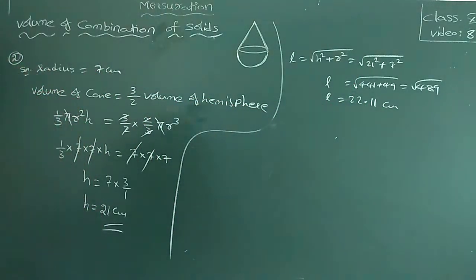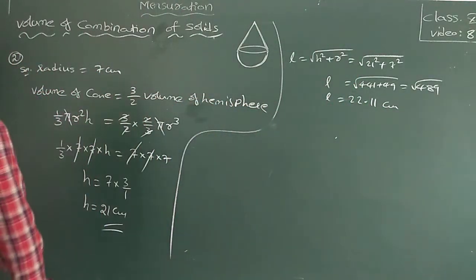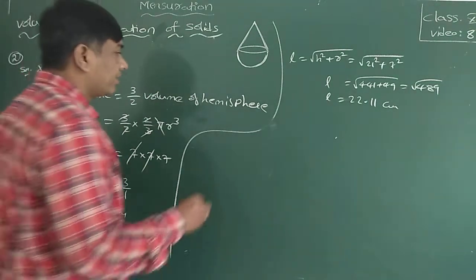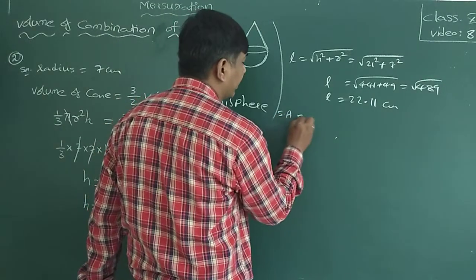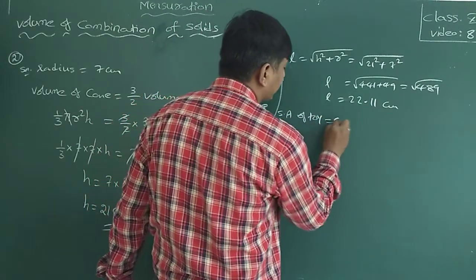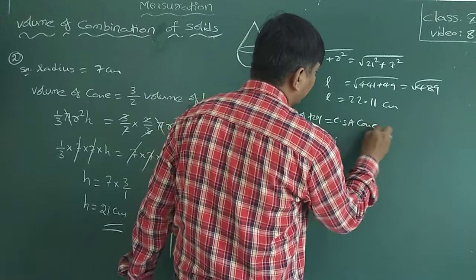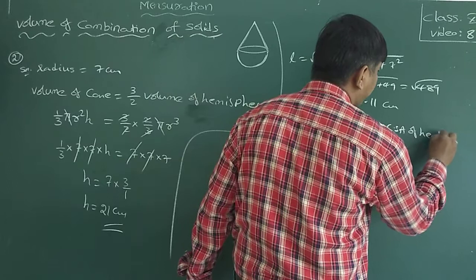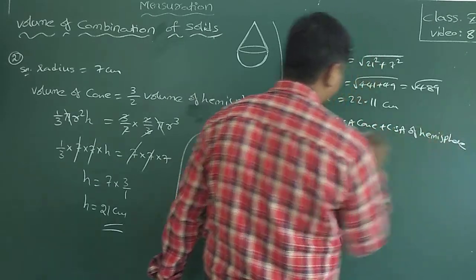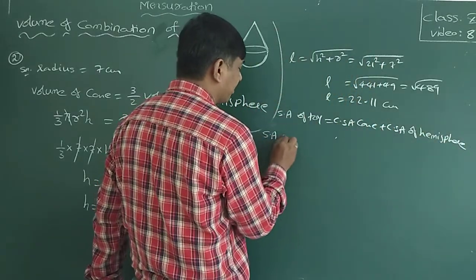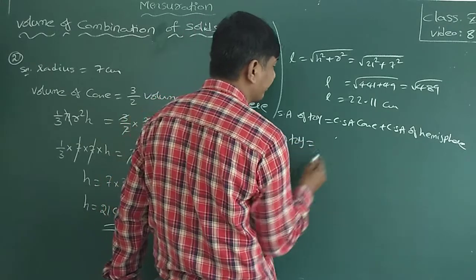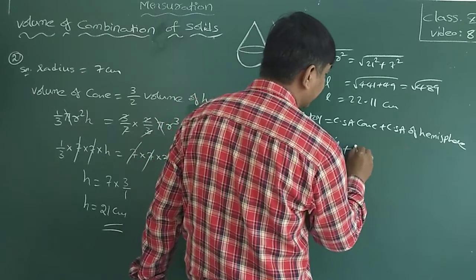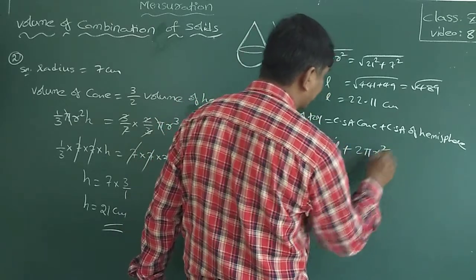Now what you need to find here is the surface area of the toy. Surface area of the toy is equal to CSA of the cone plus CSA of the hemisphere. That is pi r l plus 2 pi r square.